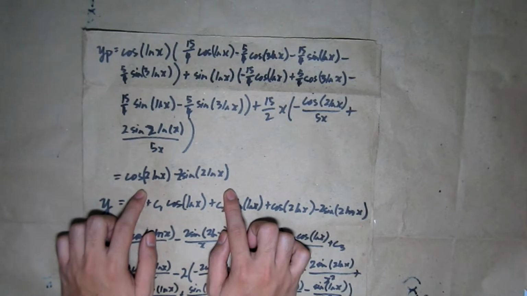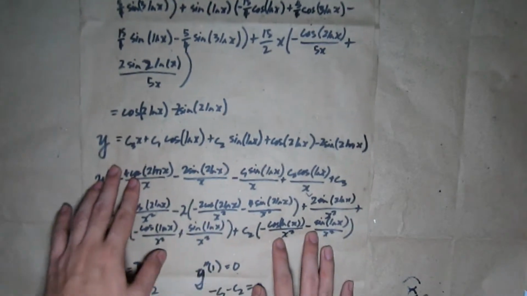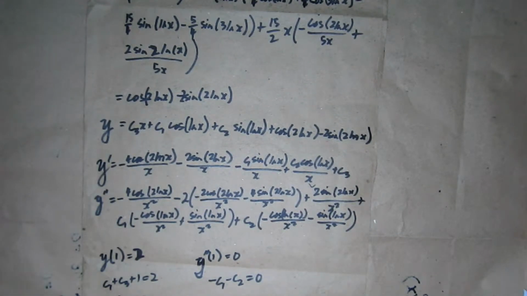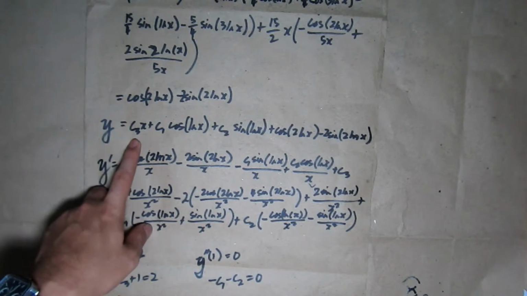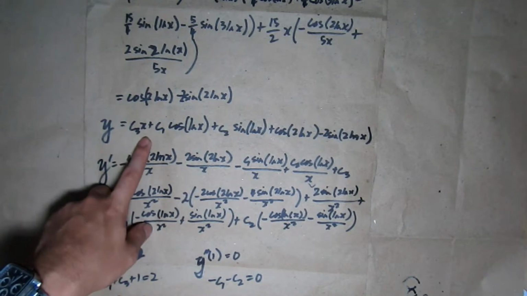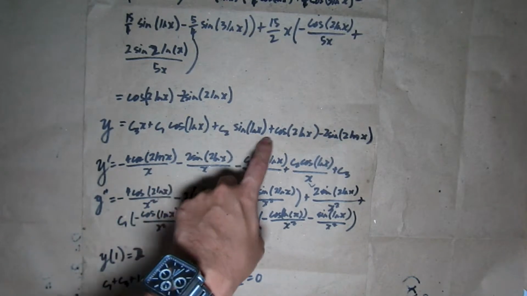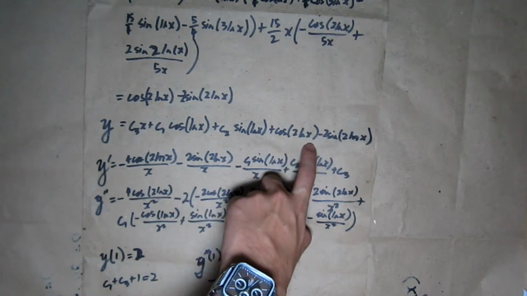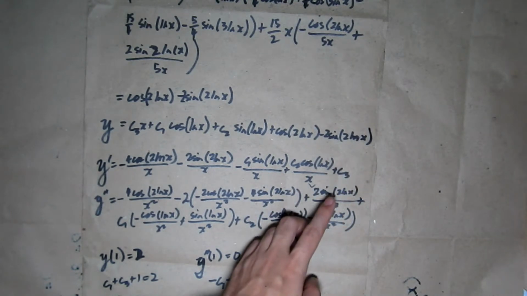So that just shows you that when something is complicated, it can be broken down into simpler things. So we now have y. y is equal to c sub 3 x plus c sub 1 cosine of ln x plus c sub 2 sine of ln x plus cosine 2 ln x minus 2 sine 2 ln x.